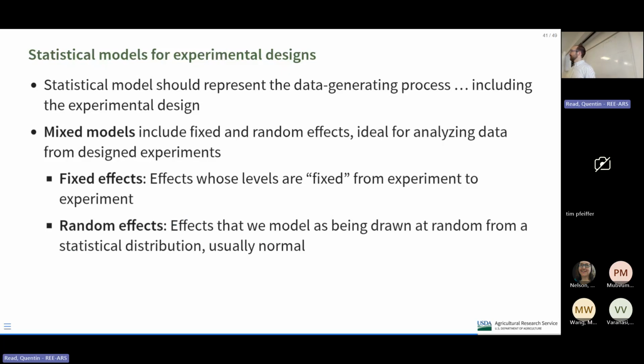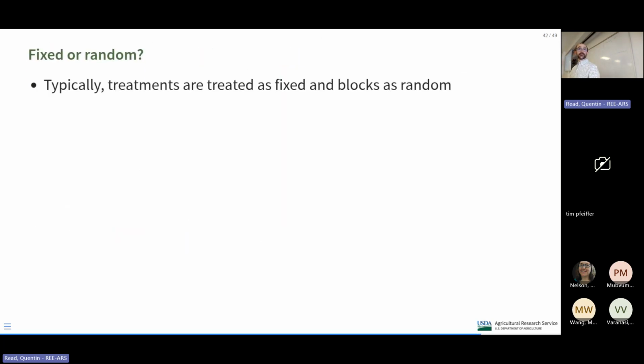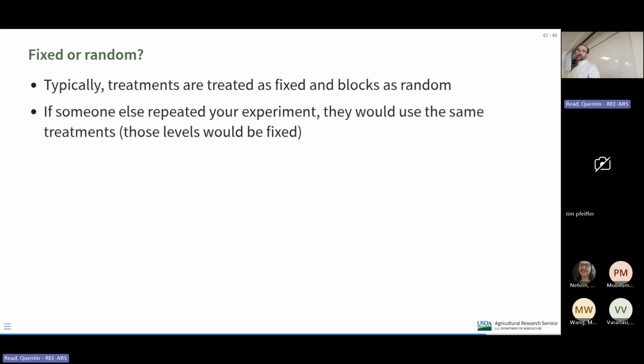I'll explain an example of that in a second. Compared to a random effect, where we are modeling the effect as being drawn at random from a statistical distribution, oftentimes a normal distribution. Usually treatments we model as a fixed effect, and our blocks are usually a random effect.